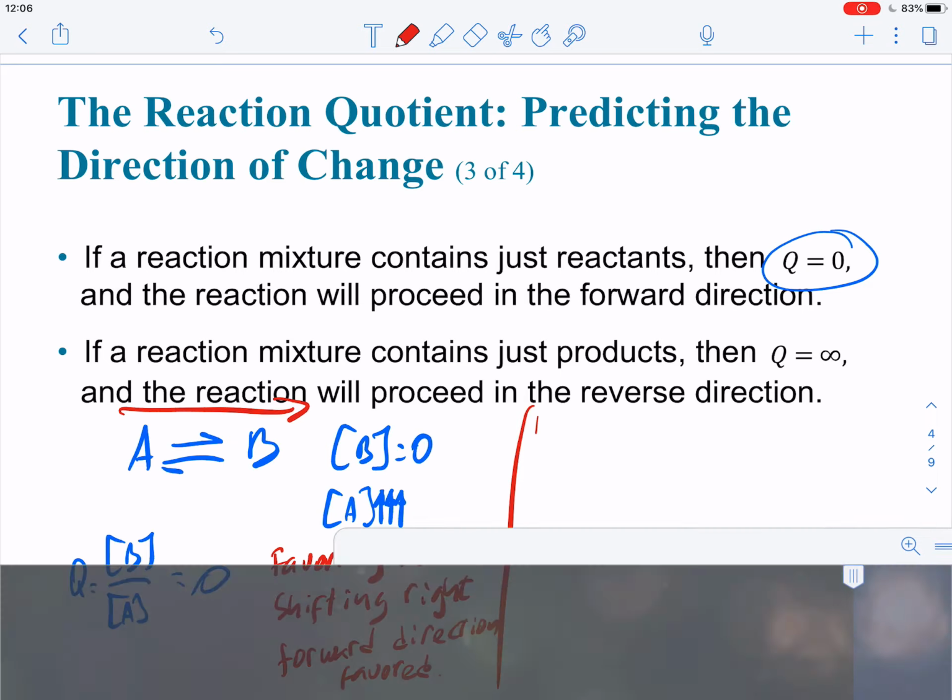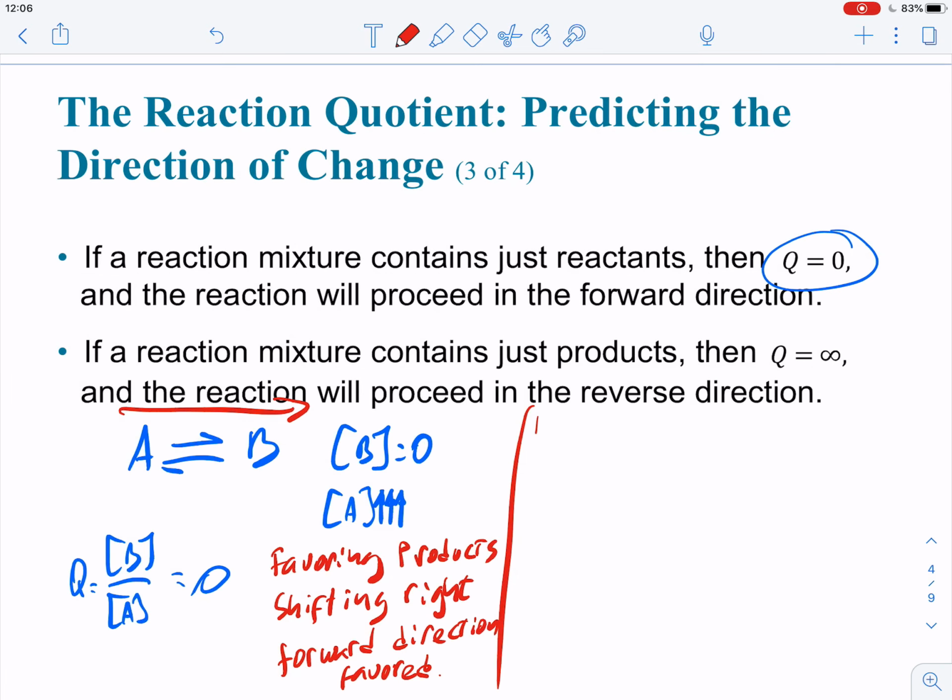Now, what if you have a condition in which, with A going to B, the concentration of A equals 0? So your reaction quotient, if A is equal to 0, then this is infinite, or undetermined. But now think about it. If you don't have any of the reactants, then the reaction can only proceed in one way.